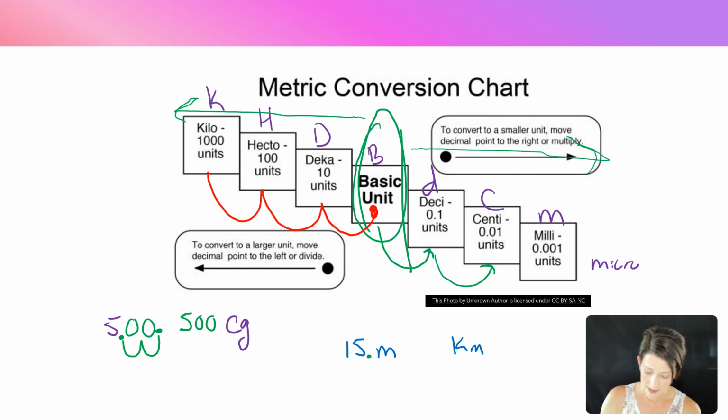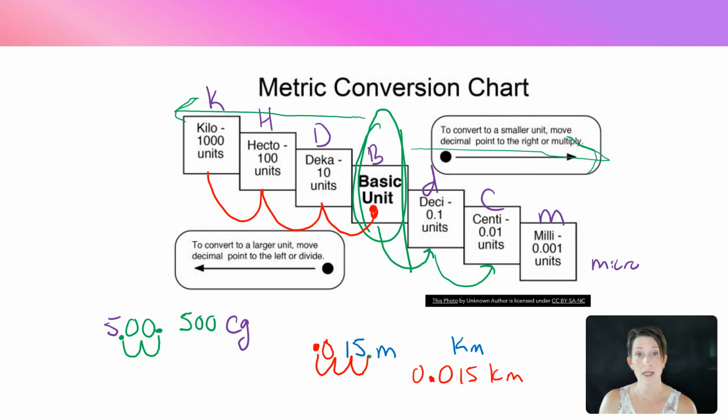We've moved it 3 times. So I'm going to go in the same direction. 1, 2, 3. Put the decimal, and any empty spot is going to have a 0. So we're going to have 0.015 kilometers in 15 meters. So that you can move the decimal as appropriate to go from the different prefixes of the same metric unit.